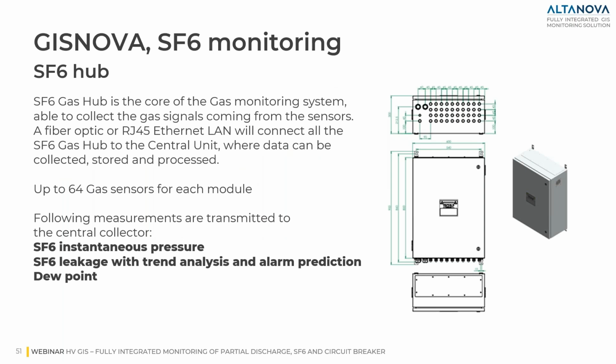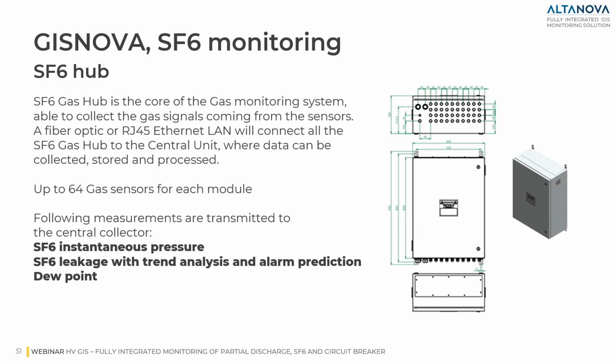All SF6 sensors are connected to a gas hub. Here is an example of the gas hub with the IP66 or 68 protection degree. This is capable to collect up to 64 sensors. In this case, other designs are available.